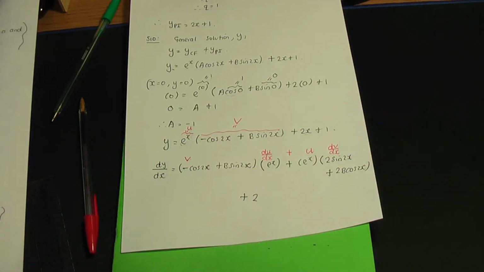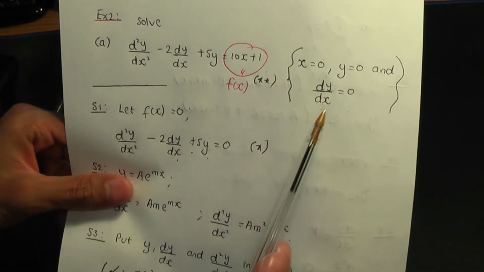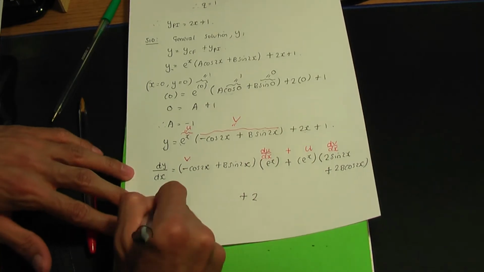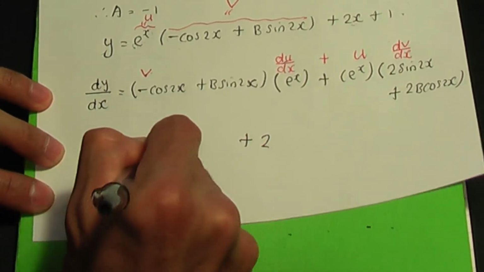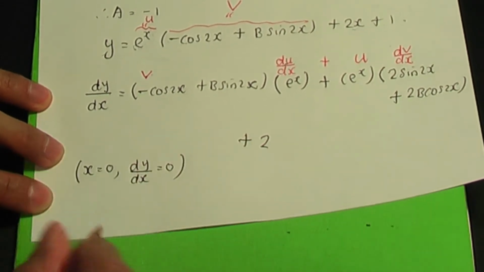Now we're in a position to use the remaining condition. Remember, when x is 0, dy by dx is 0.